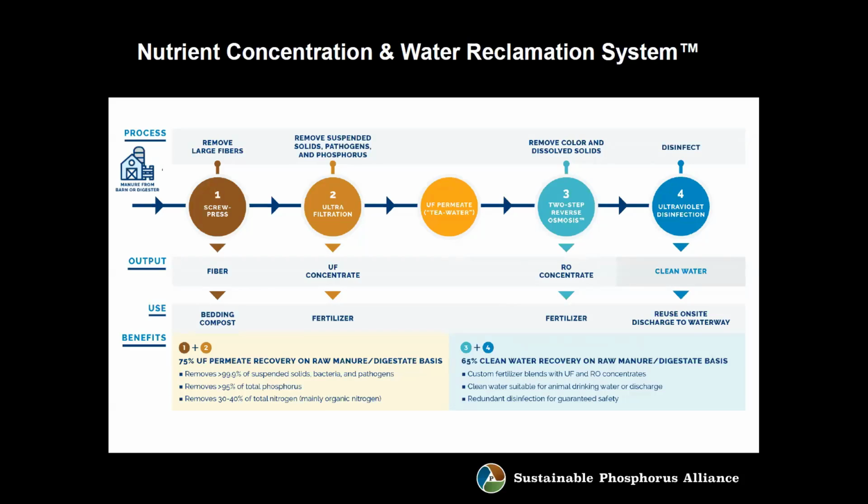This is a combination of forward osmosis and reverse osmosis technologies that allow us to further dewater it to make another concentrate product, the RO concentrate shown here, which is rich in ammonia and potassium, and a clean water product, which can be used for animal drinking water or discharge to waterways.